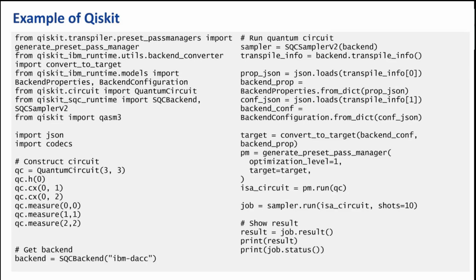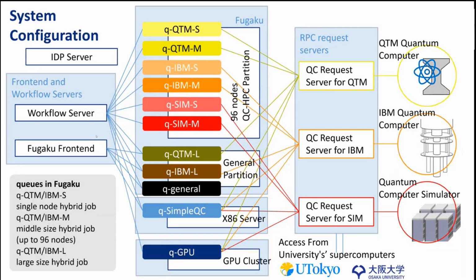When they use Slurm to reserve their HPC allocation, do they also select a quantum computer at that point, or do they do it on the fly? When a user submits a job, the user selects the queue of the HPC site first. For example, if a user would like to use Quantinuum and supercomputer Fugaku, then when you submit a job with the job scheduler of supercomputer Fugaku, you have to specify Q Quantinuum S, or Q Quantinuum M, or Q Quantinuum L.